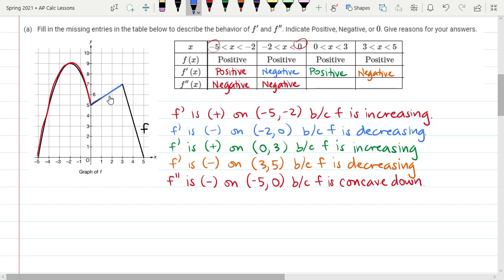So that means the second derivative must be 0. Again, if the original function was a straight line, a line segment, then that means its derivative must be a constant, which means the derivative of that, so the second derivative, must be 0. So we can say that f double prime is 0 on the interval from 0 to 3 because f has no concavity.